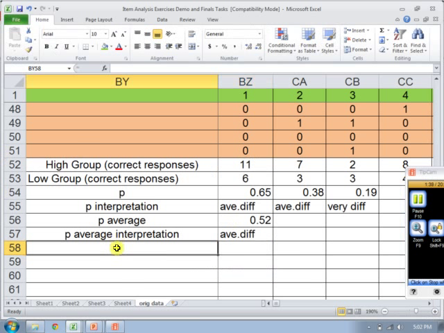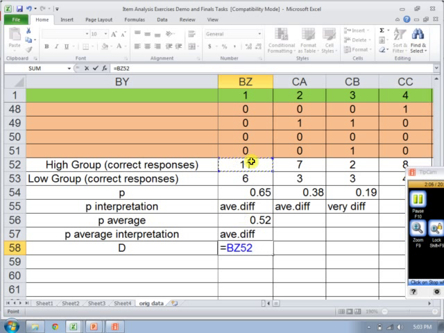So discrimination is a D. Alright? And so a D for each. We go, what? High minus low. And then the high is BZ3 and BZ15, correct? So I'm going to say high. What's high? 11, no? Not BZ3.